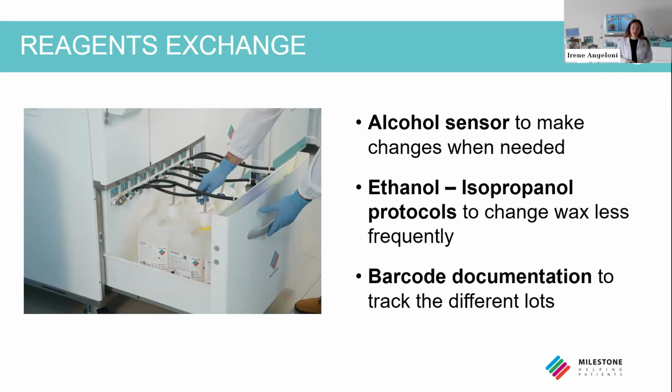We also have a completely different changing schedule for wax, because thanks to the use of isopropanol, we are able to change it less frequently and not every 3-4 cycles. And more regarding the quality is the possibility to have the documentation of the reagent that I'm inserting through the use of the barcode on the tank.